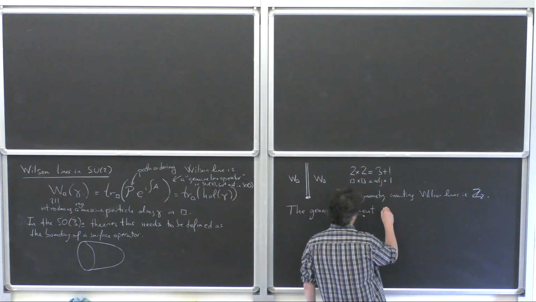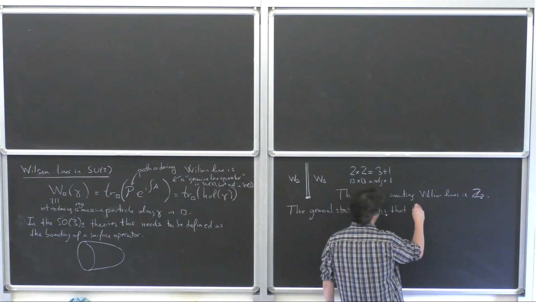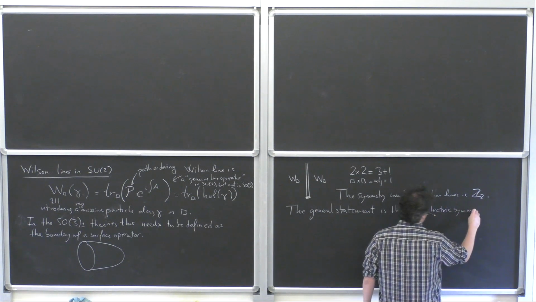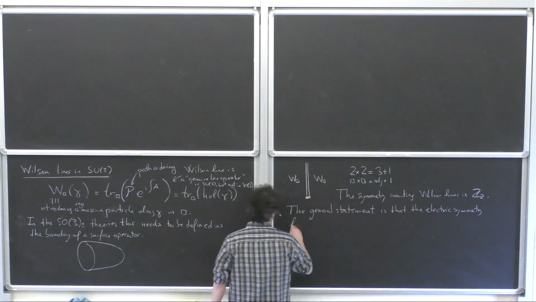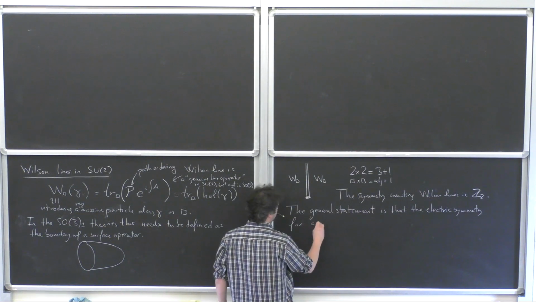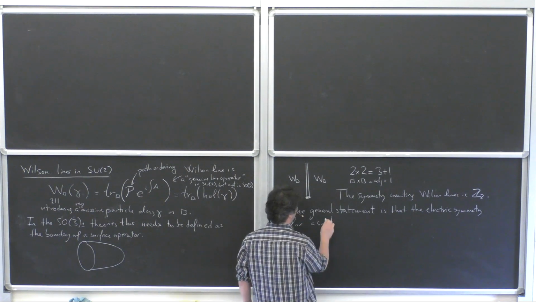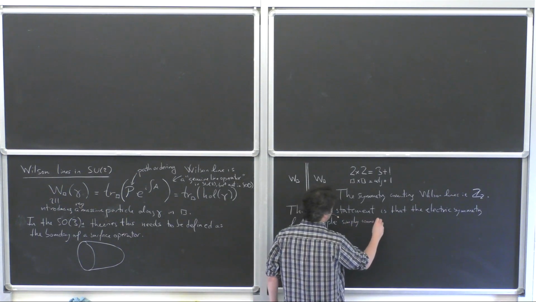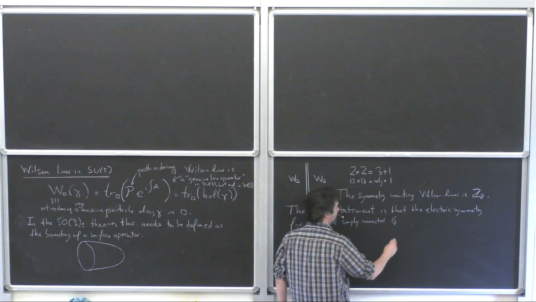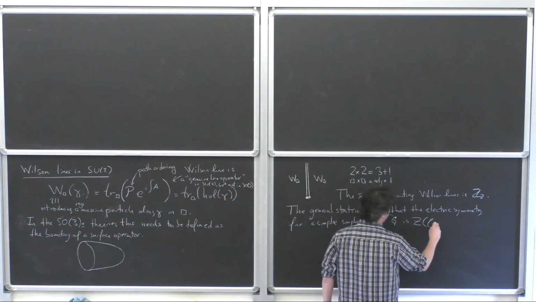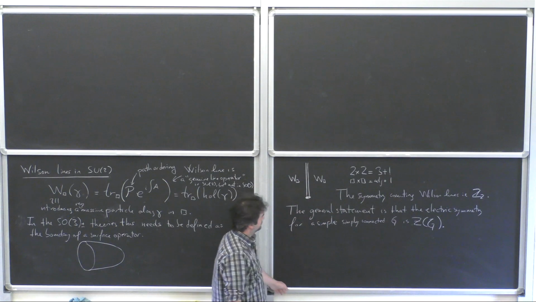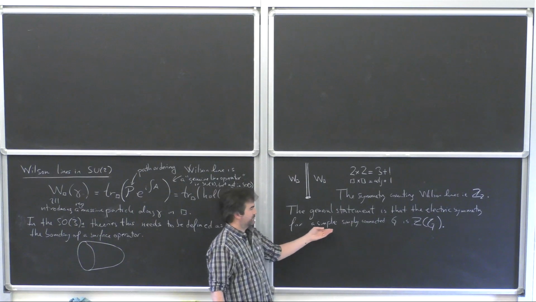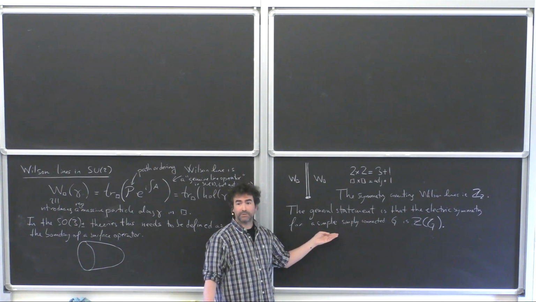The general statement is that the electric symmetry for simply connected G is the center of G. I'm taking a single factor and assuming that that factor is not U1.